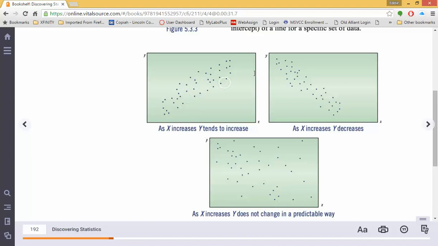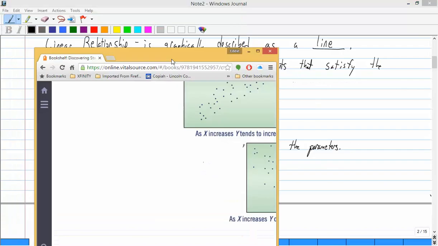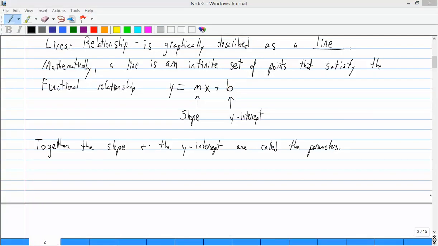We want those smart criminals, right? And then in this scatter plot, x and y do not change in a predictable way. They're just everywhere. Can't really say it's increasing or decreasing. That will probably be like teacher salary and student completion rates, so there doesn't have to be a relationship there.